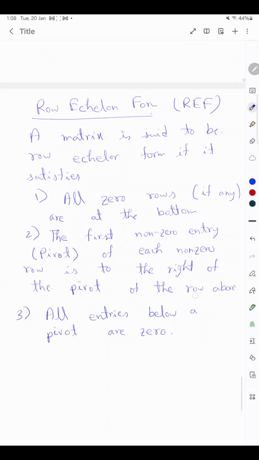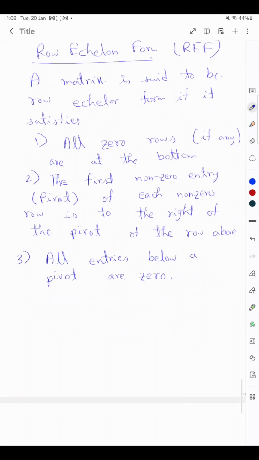Okay, so suppose you have some matrix. If it has some zero rows, they should be at the bottom. Suppose you have 1 2 3, 0 0 0, 4 5 6. If you have this type of matrix, then this is not in row echelon form. Why? Because the zero rows are not at the bottom.